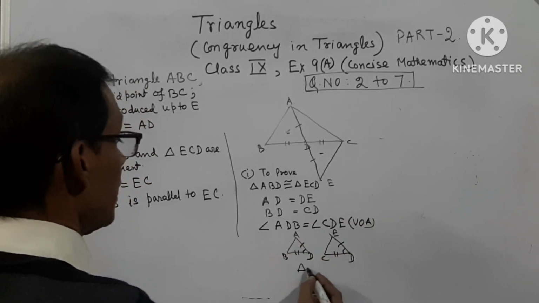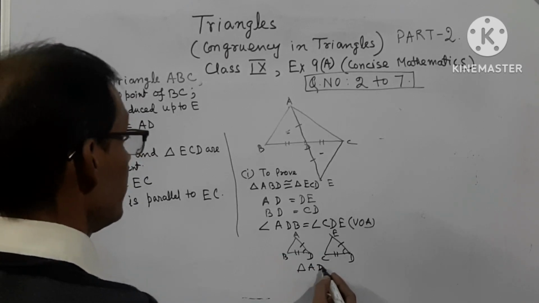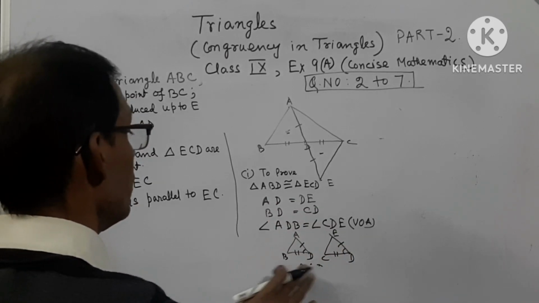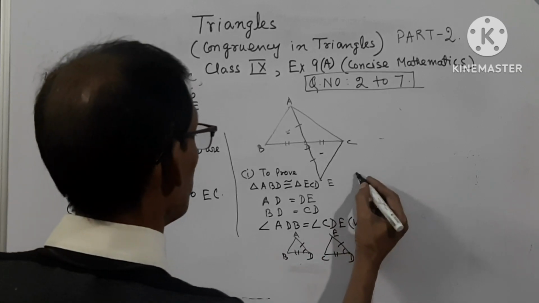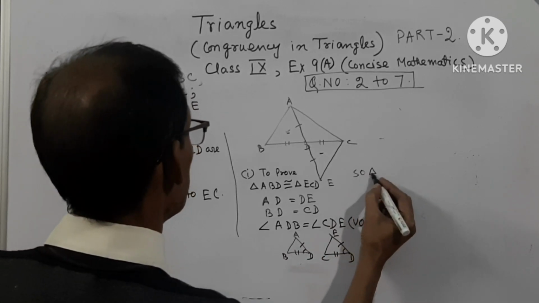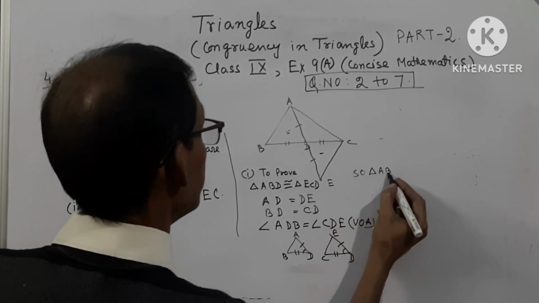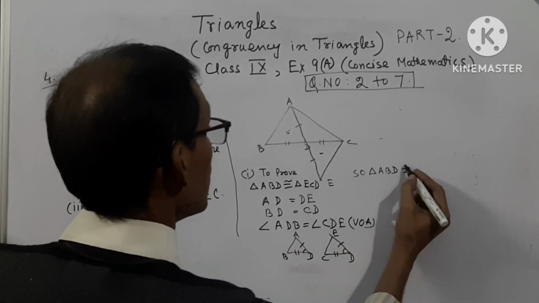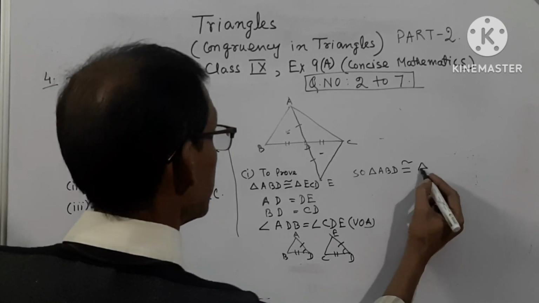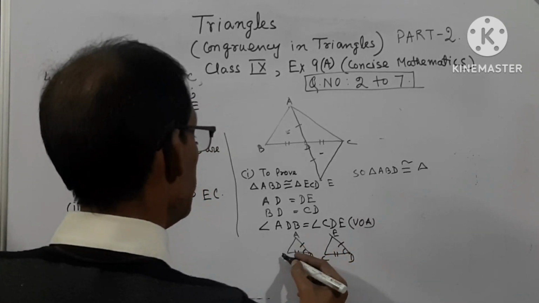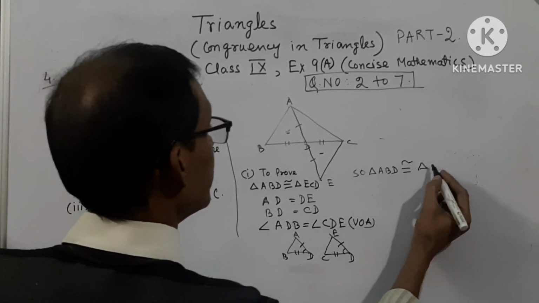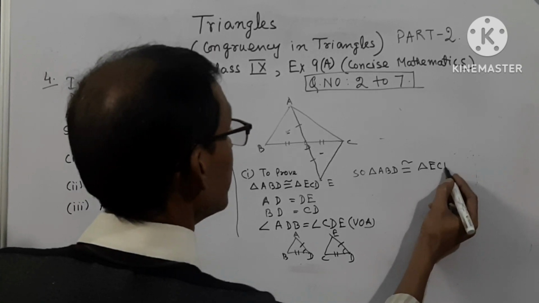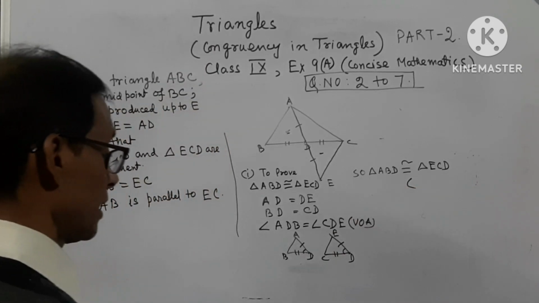So we can write triangle ABD congruent to triangle ECD, whatever is given. You have to write the criteria.